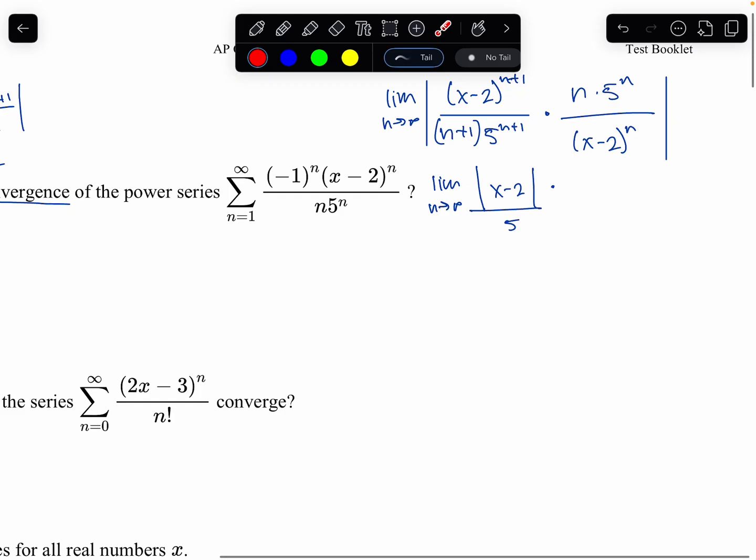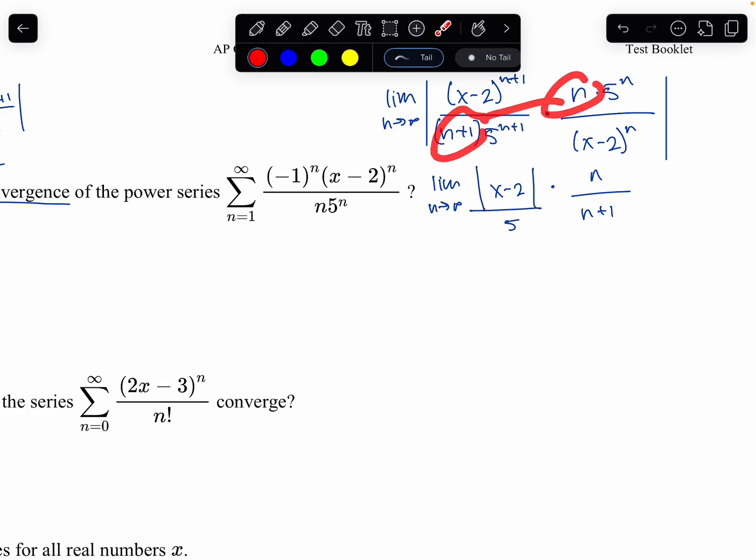And then for the rest of it, I show it as being multiplied by everything: n over n plus 1. That's what won't simplify, so I'm going to group it together.